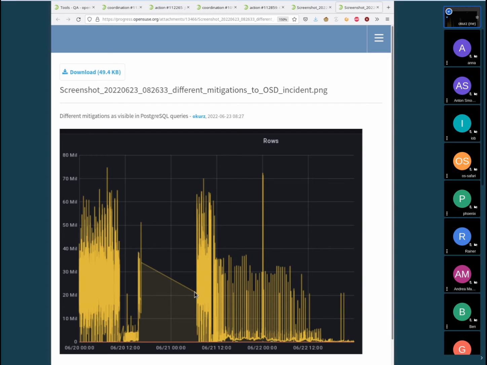We already knew it had something to do with the database, and we didn't know who would trigger the queries which would end up causing this big load. So we wanted to reduce the load in the database. It helped a little bit to disable that monitoring, so we wouldn't even see that number of rows, but it didn't really fix it enough so that there would be no visible impact. So there was still a significant impact.